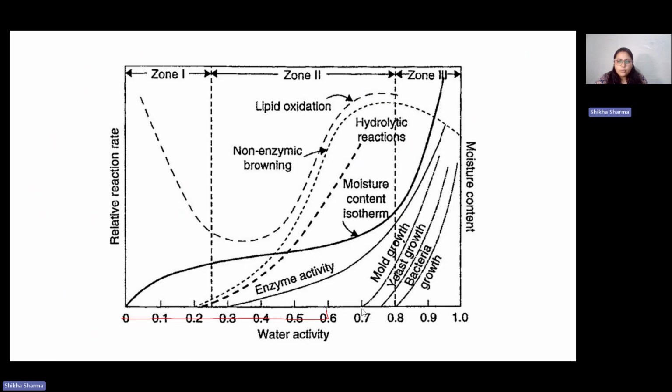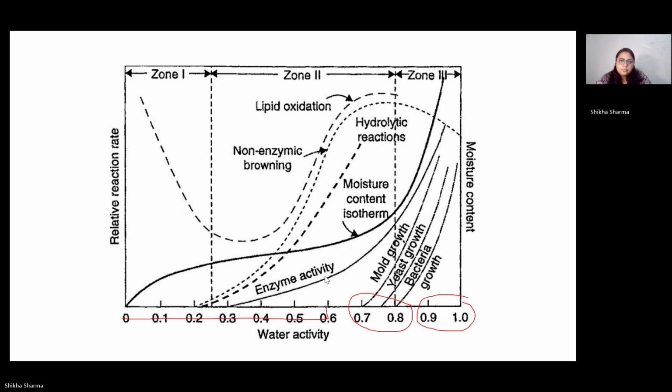But between 0.7 and 0.85, there can be growth of mold and yeast mainly, while bacteria basically grow in high moisture food products, above 0.9 to 1. But some bacteria can even grow at 0.85 water activity as well.